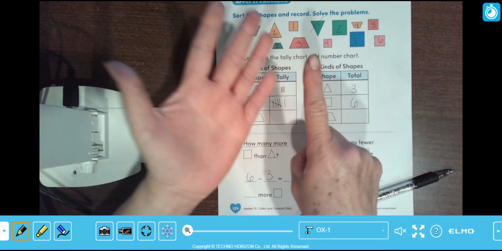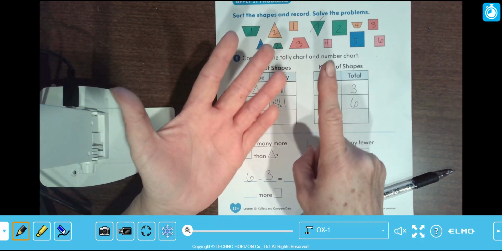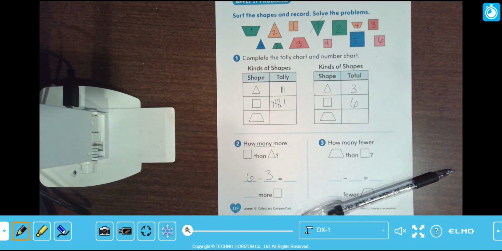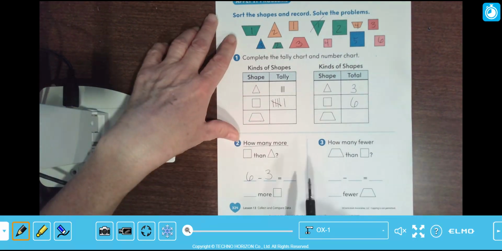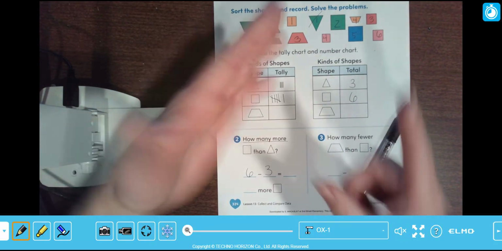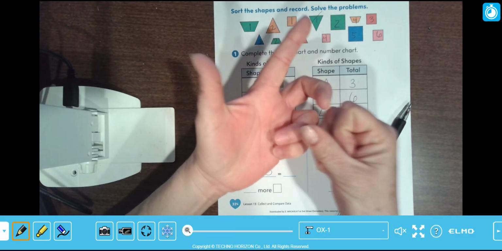Okay, go ahead and hold up 6 fingers and take away 3 fingers and see what's left. Okay, so that answer would go here. Make sure you write that answer here. 6 minus 3. 1, 2, 3.